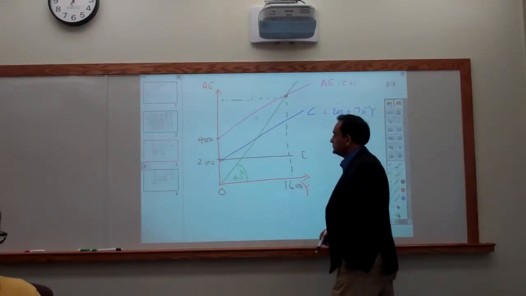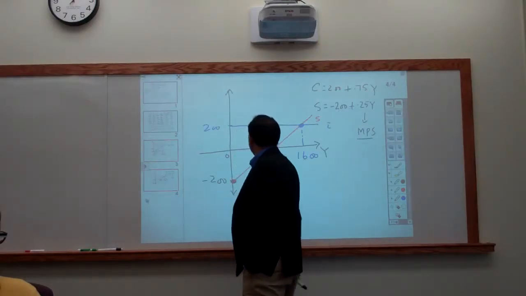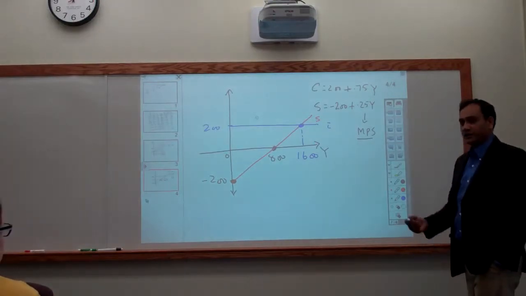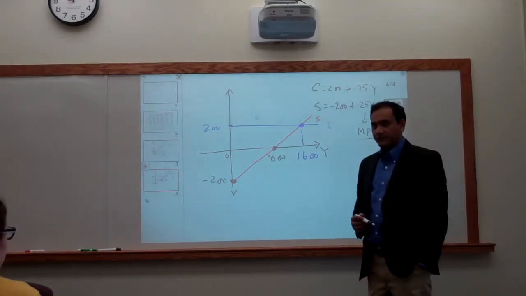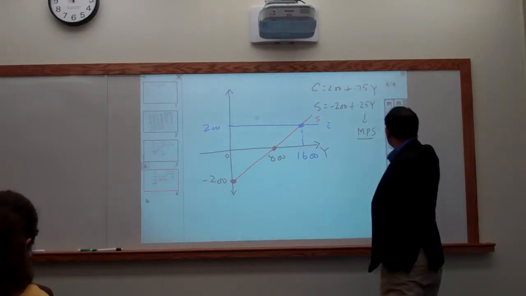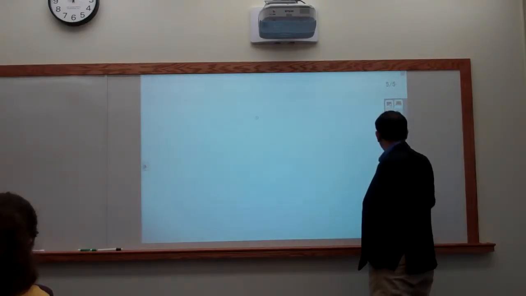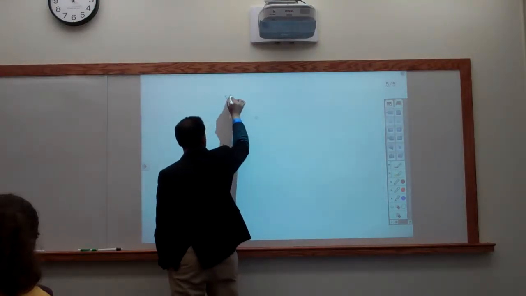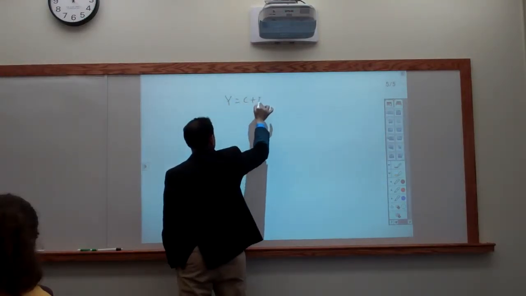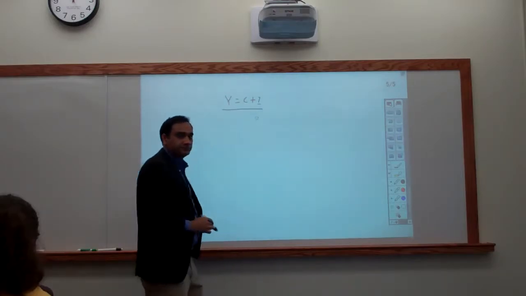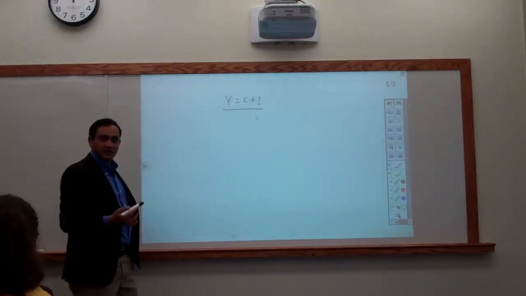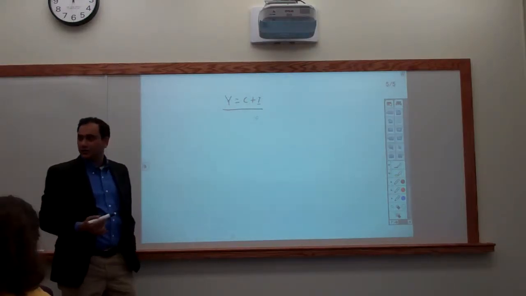So let's come back to this one. That's your saving and investment approach. Now, next, let's look at the algebraic approach quickly. Let's start with y equals c plus I. That's your equilibrium condition, right? So let's just substitute the values of c and I and solve for y. That's the only unknown we have.